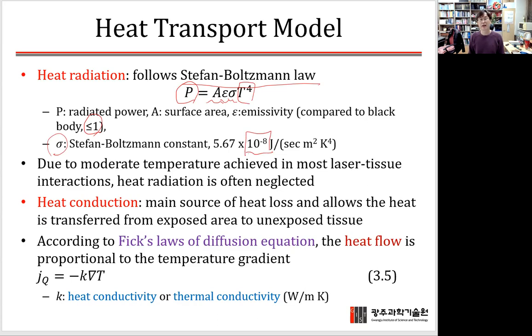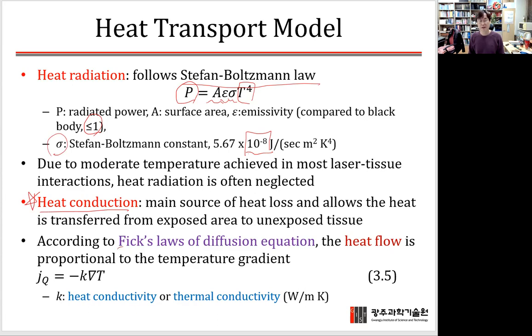So unless you have a very high temperature, this heat radiation can also be ignored. So the leftover one is the heat conduction. Heat conduction is the main source of heat loss, and this allows the heat to be transferred from the light-exposed area to the light-unexposed tissue.